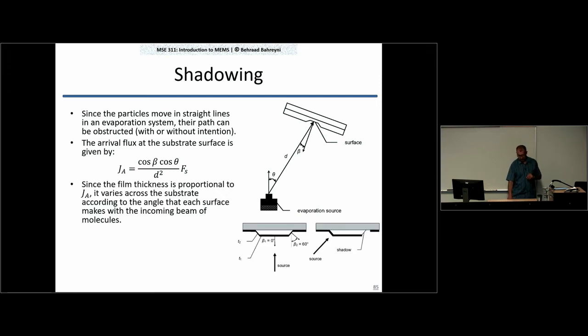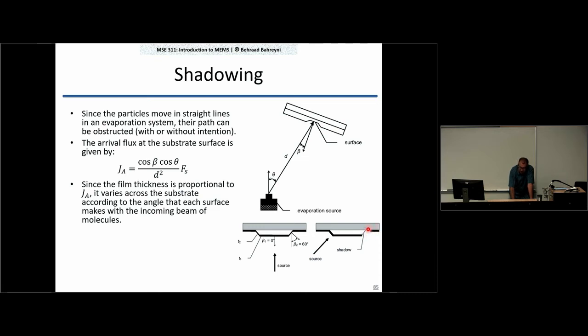For example, if you're depositing directly onto this layer, you have the largest thickness here, but all these corners that are at an angle will have slightly less material on them. In this extreme that I'm depositing from the side, you get some material here and here, but this face doesn't even see the beam of material. So you actually get zero thickness here.